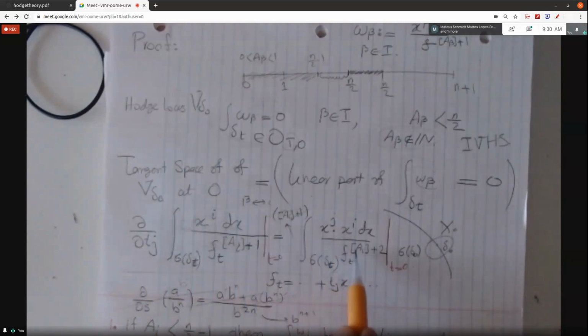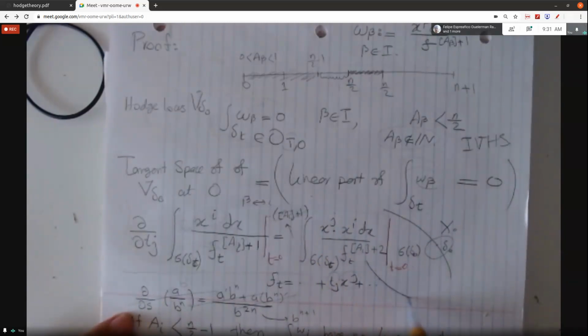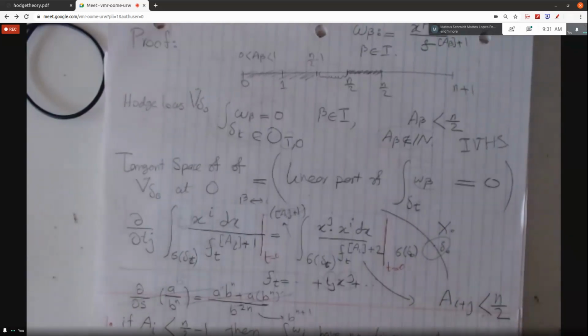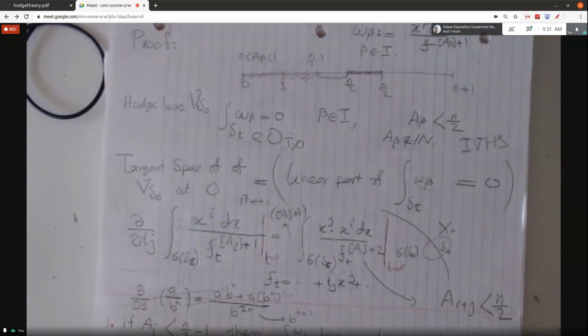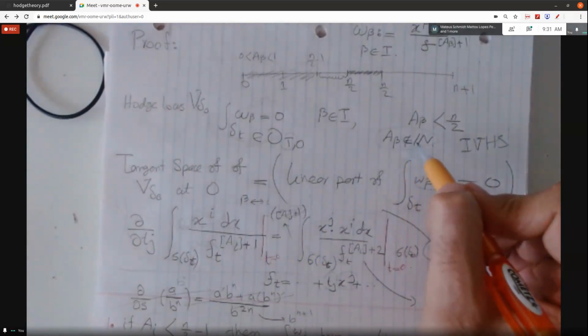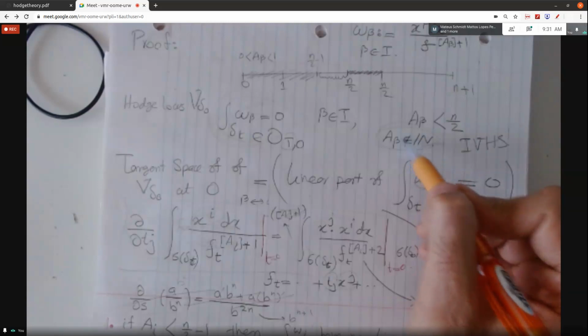When we take this derivative, we land on this one, and you see that a_i plus j, if you compute it, is still less than n half. And we have to take care that they really do not have a residue at infinity, this problem of beta not an integer.